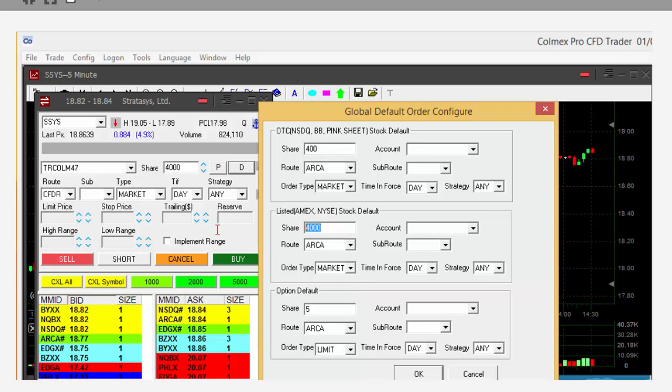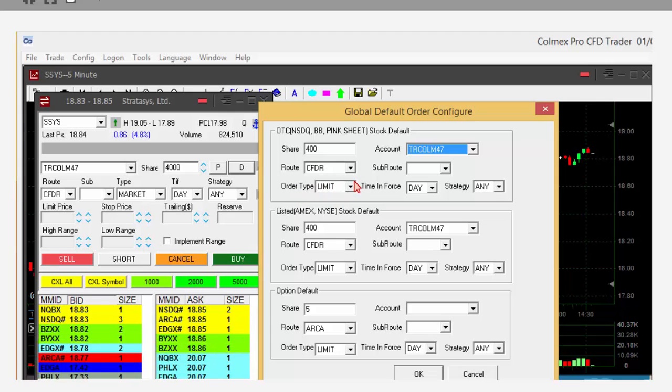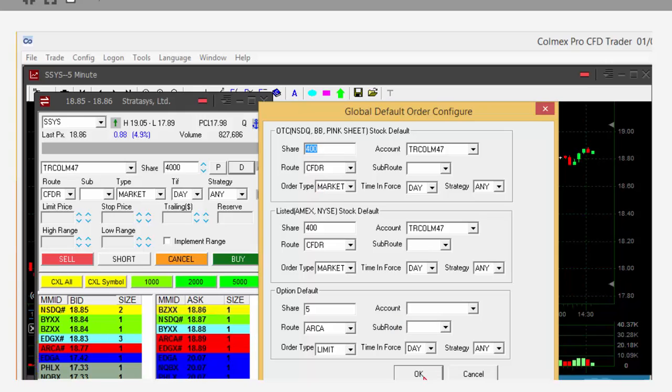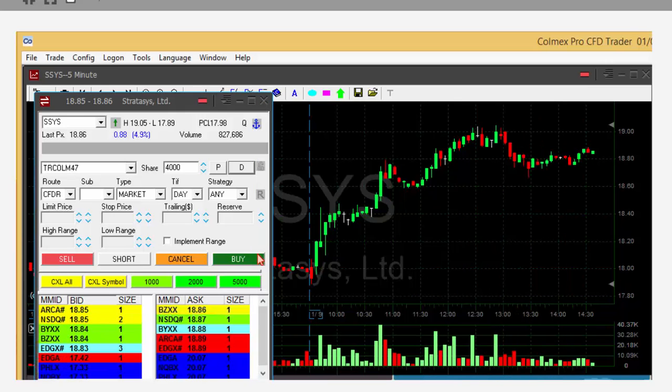And I will set it here also for 400 shares. I will pick my account number. This is, of course, the demo account number right now. Well, sometimes when you do that, it jumps back to limit. You saw that? Many times it happened to me and I didn't really realize why it happened. But anyway, just return it to market, and that's it. So I've got 400 shares, market, and then I click on the OK button, and then my default changes to 400 shares, and the order, of course, is market.